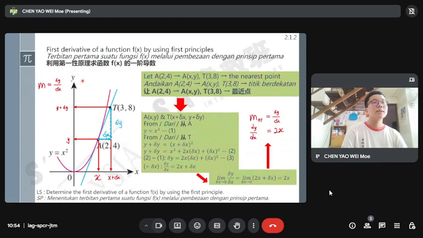Now, this is quite new for you, but it actually works like this, because now we already know limits. Using first principles to find the first derivative of a function, I give you a graph, a curve, and I draw a line, which I call a tangent. Using the curve to find the gradient is not accurate and it's very hard to find the answer.